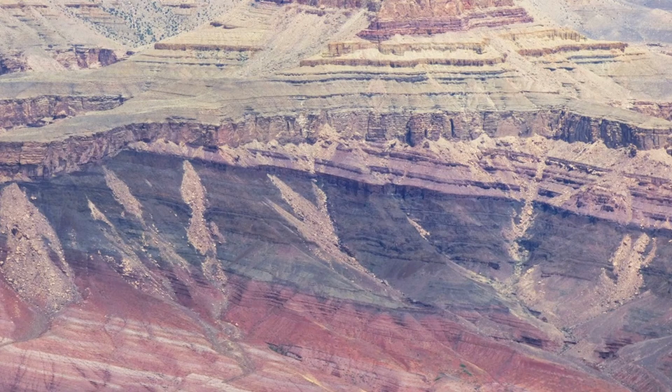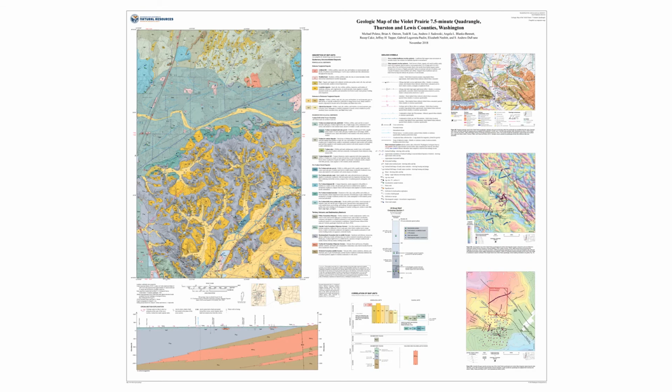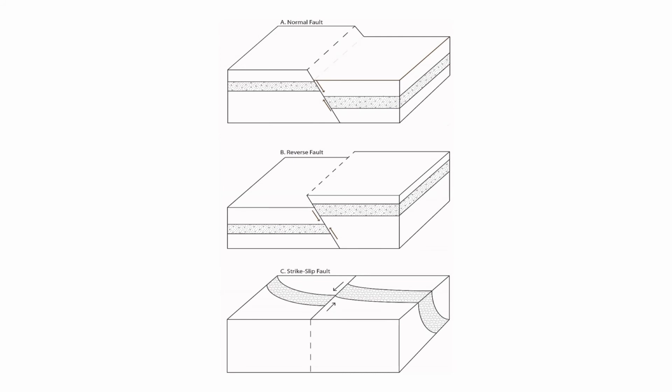Strike and dip measurements are very useful for identifying the presence and locations of angular unconformities in a map. Angular unconformities are obvious when rocks have different strike and dip measurements, even though they occur near each other. Not surprisingly, geologic maps also visualize faults. Recall that faults are fractures where rocks are able to slide past each other.